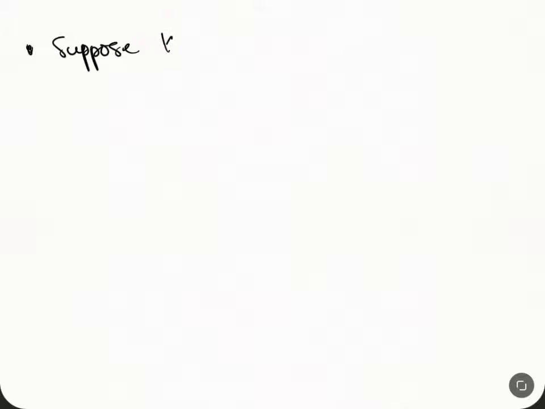So let's suppose now K is equal to the total complex, so this is equal to the tot of, let's say, some bicomplex B here. And now we'll use the other filtration here.